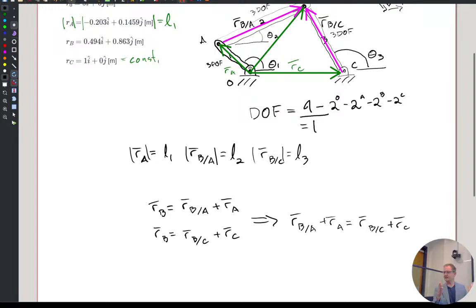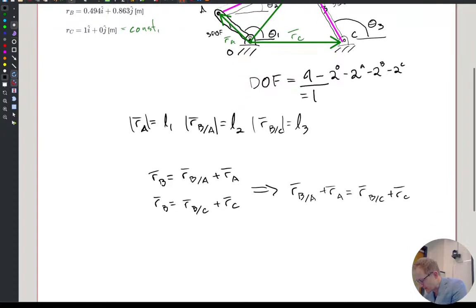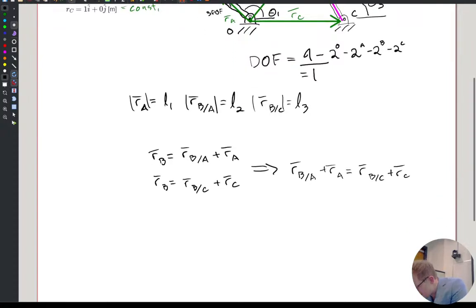We're just trying to figure out planar. So now we've got two equations for two unknowns. That's good. So this vector equation gives us two equations.